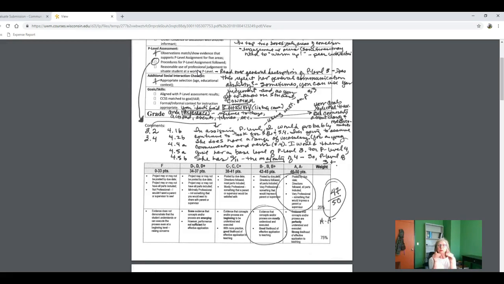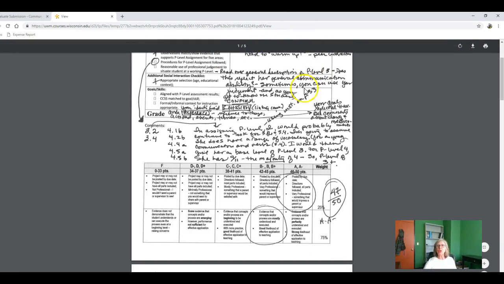And so when you assign the P level, you have a base P level. I would say her base P level, if you use some judgment and keep looking, is that those level 3 skills are in place developmentally. So her base level was P level 3, but then she has more than 50% of P level 4, so that gives her a plus.